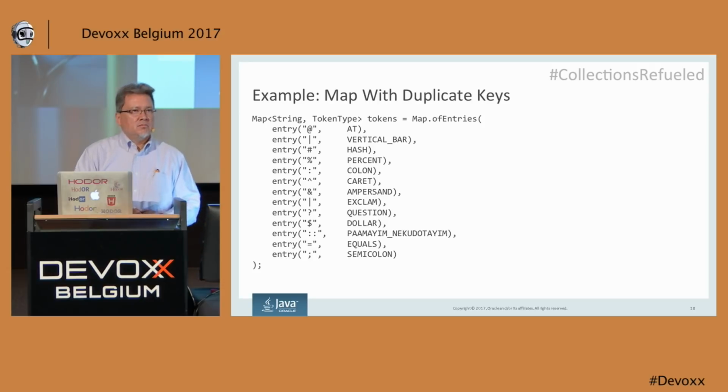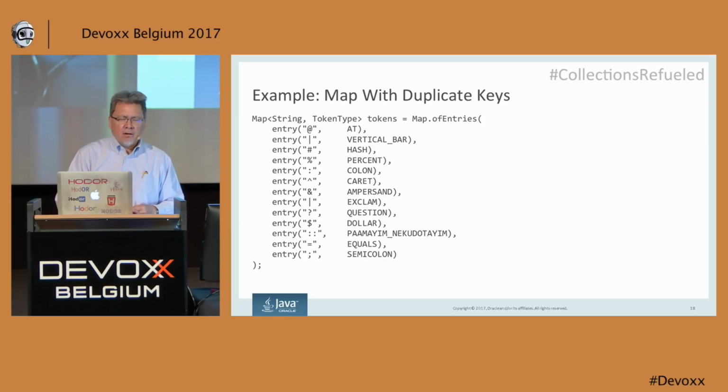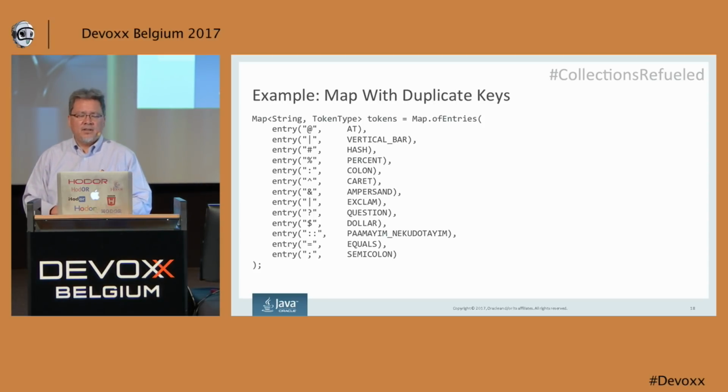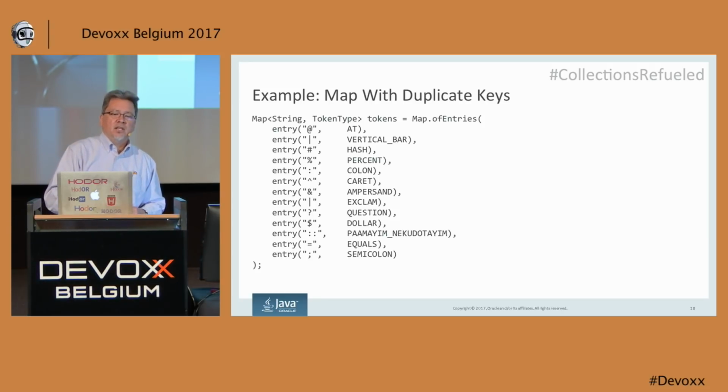You can imagine a late night debugging session where you're looking at the code, thinking, oh, this looks right to me, how come I'm getting the wrong result, right? So I think this is common enough that it's worth error checking. If we're running through the list of map entries and we encounter duplicate keys, we'll throw an exception at this point.